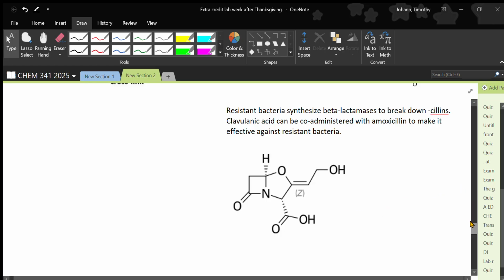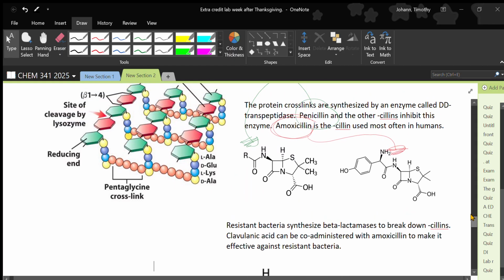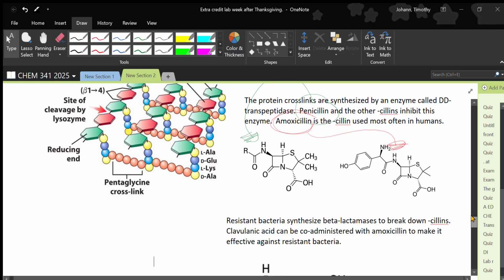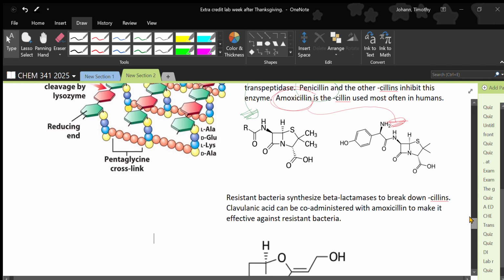But anyway, I don't need you to know that story, but I do want you to know this story. Know that the penicillins inhibit the transpeptidase, which is important for the protein cross-linking of the peptidoglycan layer. For the structure of the peptidoglycan layer, you just need to know that it's polysaccharides cross-linked by peptides. Amoxicillin and penicillin inhibit that.